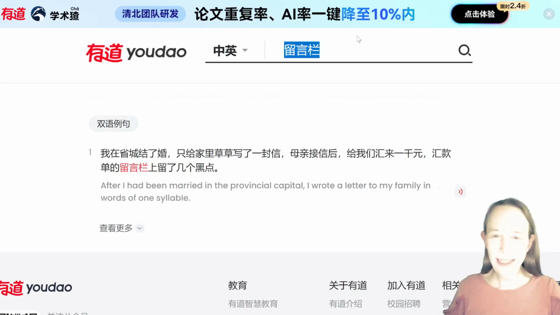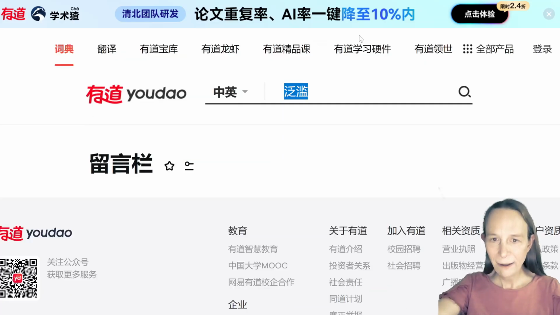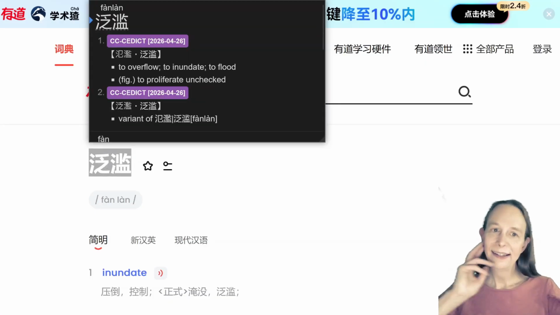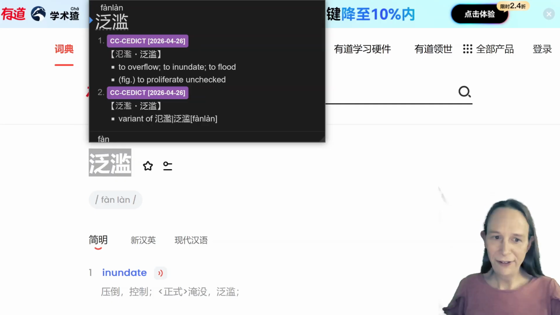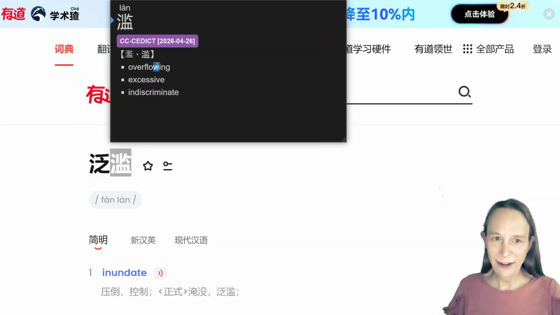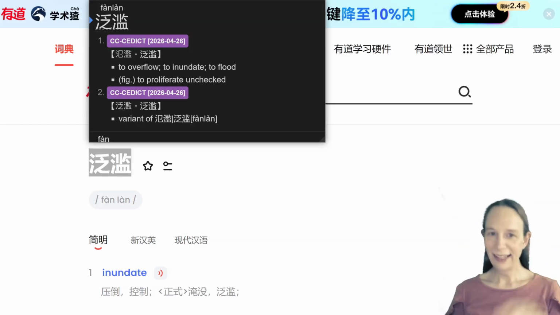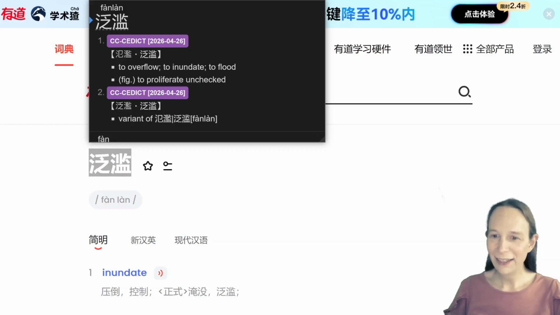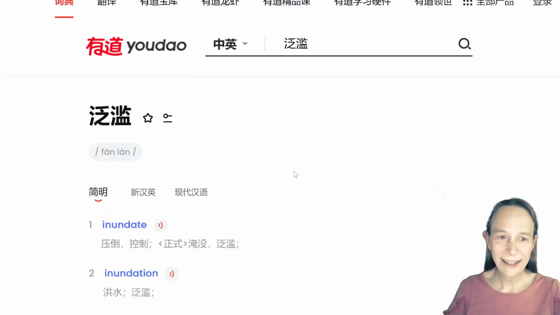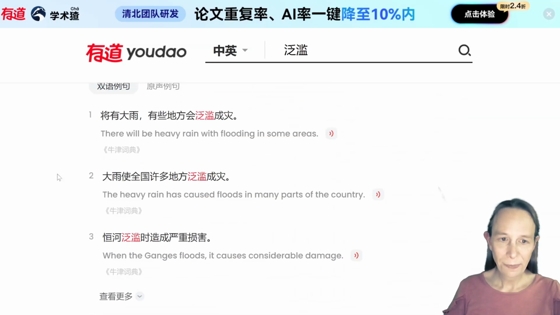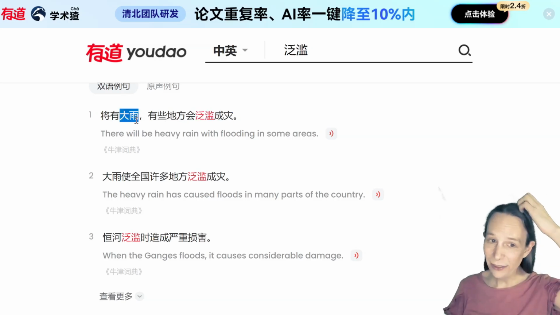Yeah, the other key word is 泛滥. So this is more like overflowing, right? 泛滥 is like there's just too much X. It's to the point where it's problematic. 将有大雨，有些地方会泛滥成灾。So this is literally talking about water.